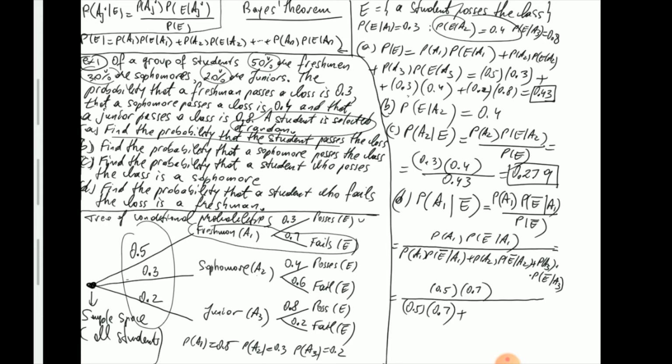Probability of A2, which is 0.3. And now probability of failure given A2, that's going to be 0.6. And then finally look at the last branch, probability of A3, that's 0.2.